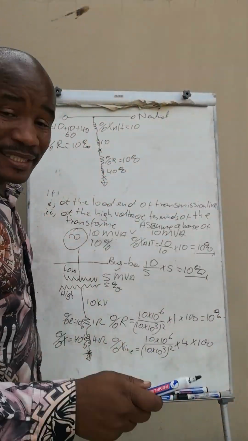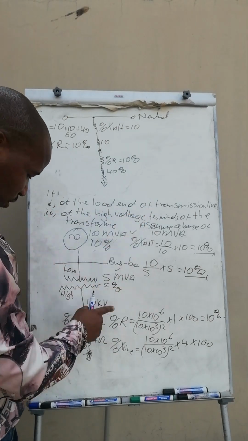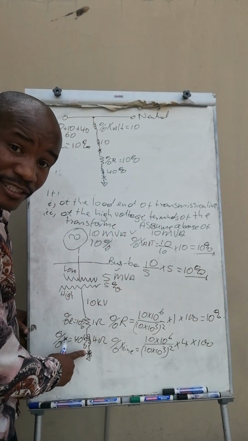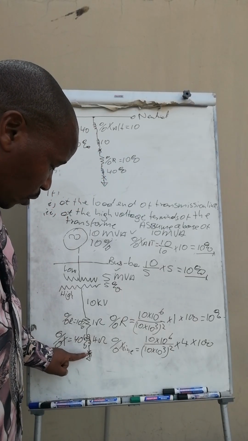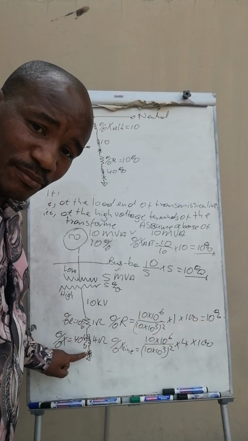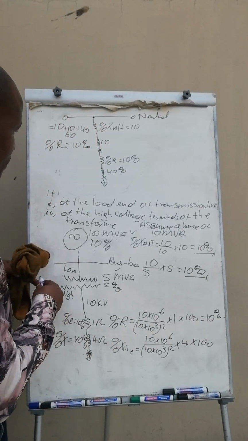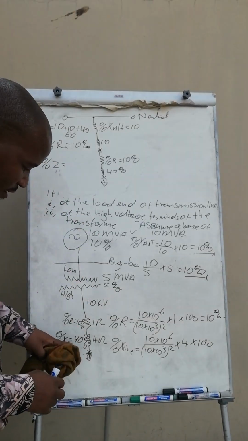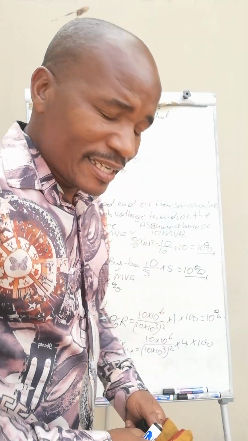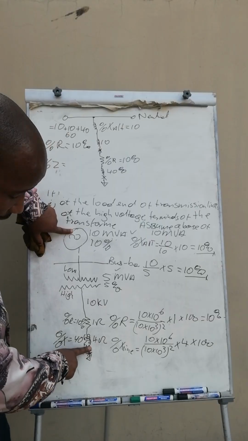Now, remember, this statement is very important. The first condition says at the load end of the transmission line. When a fault occurs at the load end of the transmission line, the percentage impedance is going to impede that line from the alternator up to the point of fault.